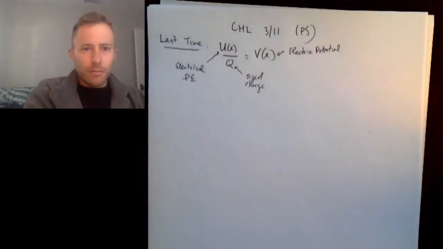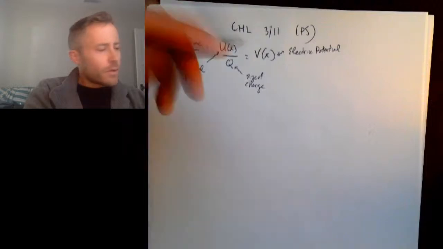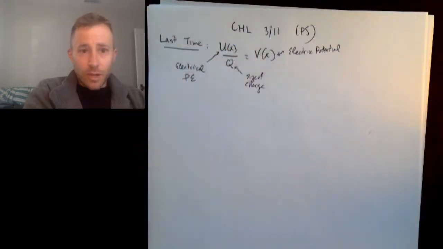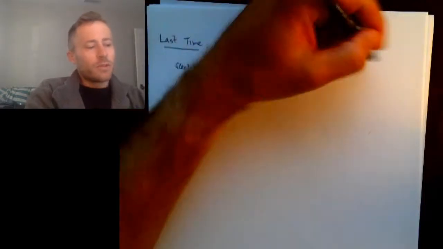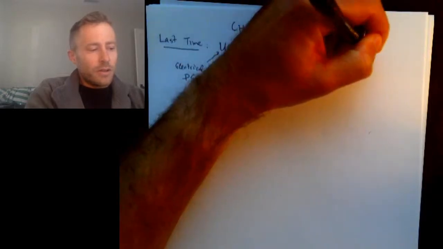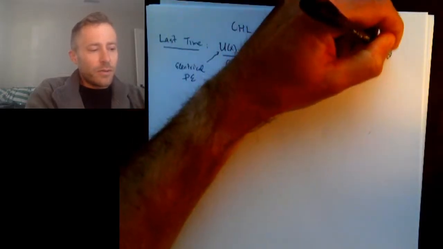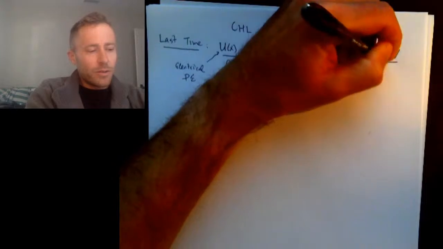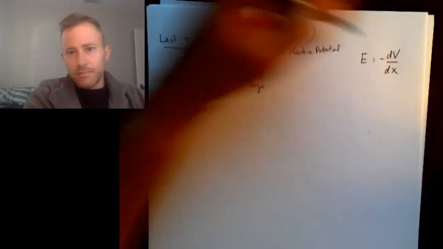So if you take the derivative of this, you are able to discover the relationship that the electric field is negative the derivative of the potential with respect to position.